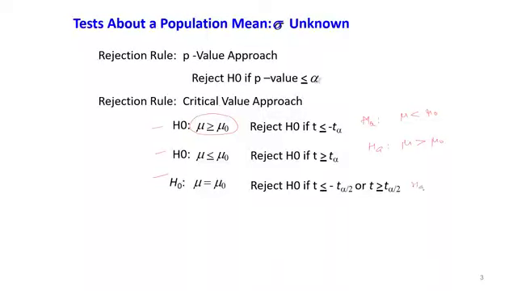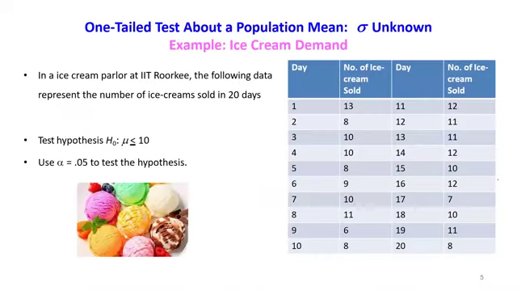And in this case, my alternate hypothesis would be mu not equal to mu zero. So this would be my lower tail test, this my upper tail test, and this my two tail test. Only the scoring part would change. Everything else will be the same.